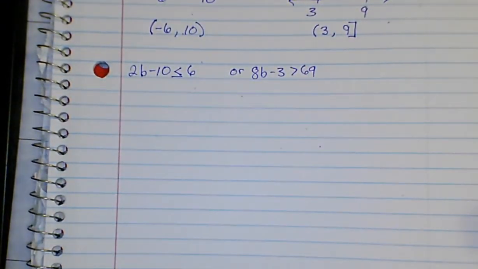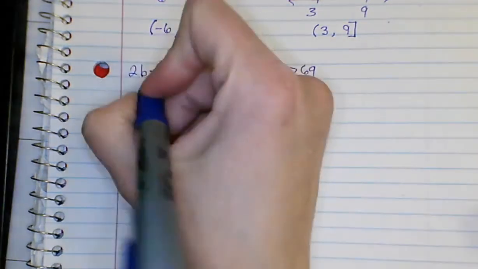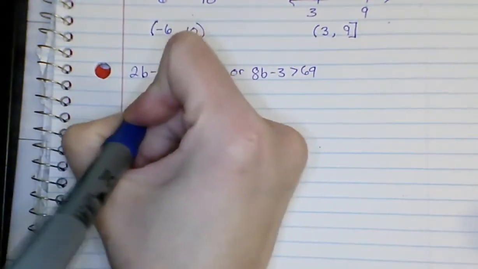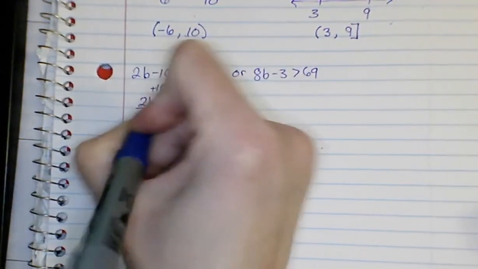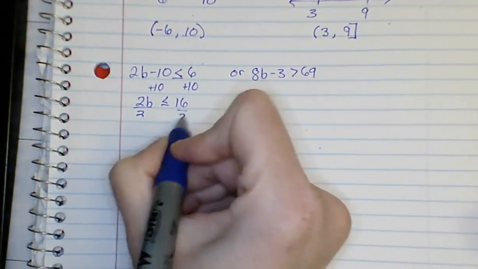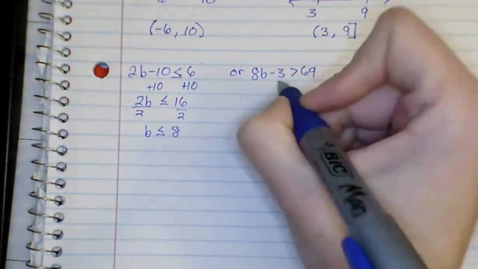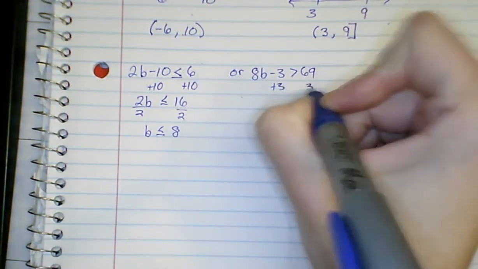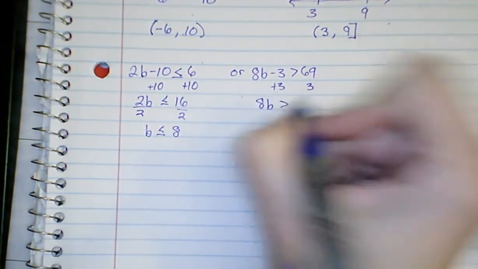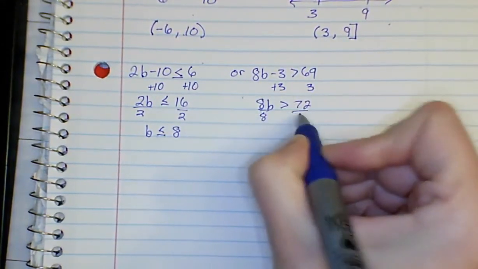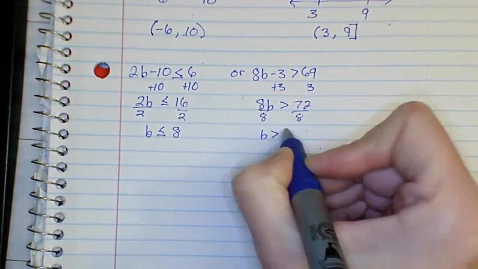If they're both false, then we cannot use the value that was chosen. So we're going to add 10 to both sides, divide by 2, b is less than or equal to 8, and then this one, b is greater than 9.